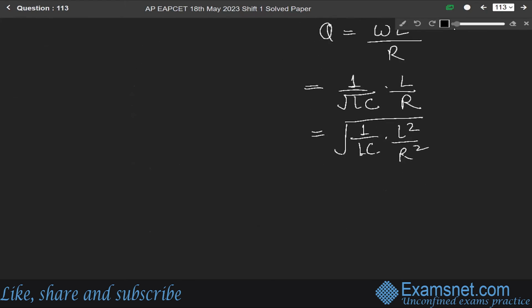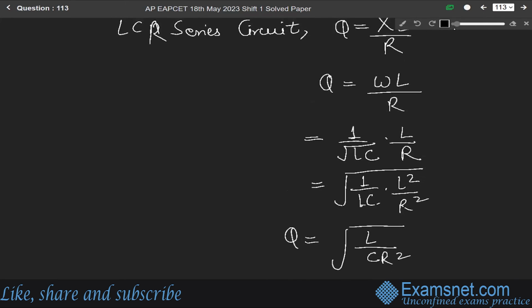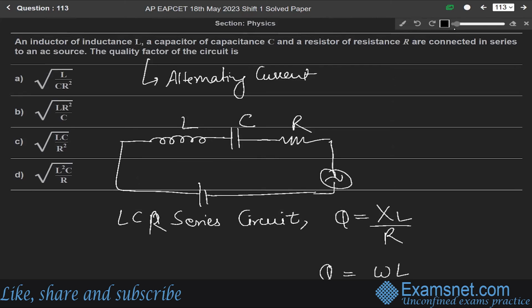So this quality factor Q now becomes under root of L over C R square. So Q is equal to under root of L over C R square, means option A is the correct answer.